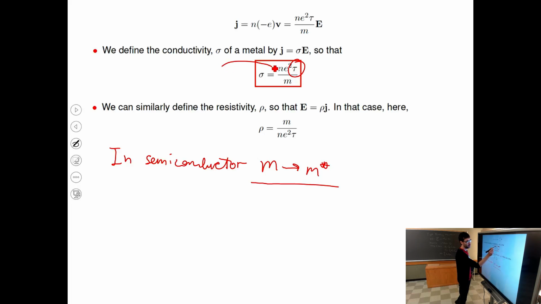Except you also need to know the density. If we had a way to measure the density of electrons, we could separate from just the conductivity measurement this parameter tau and learn about the mean scattering time or mean scattering length, which is sometimes called the mean free path. We could learn about how far electrons travel without scattering.